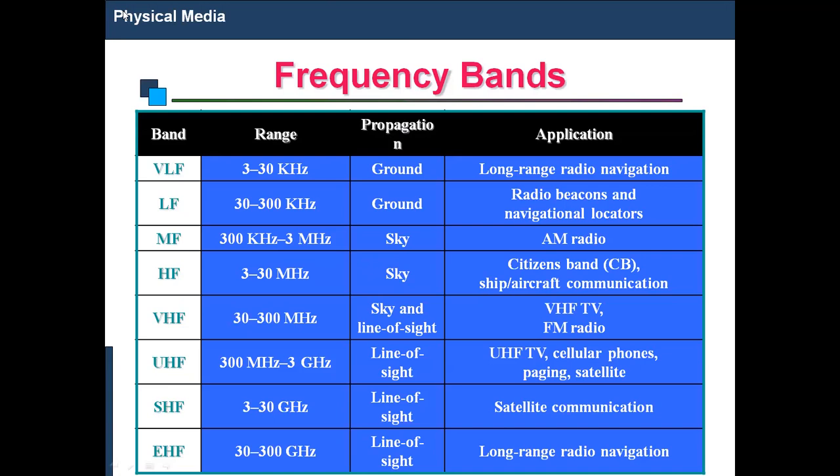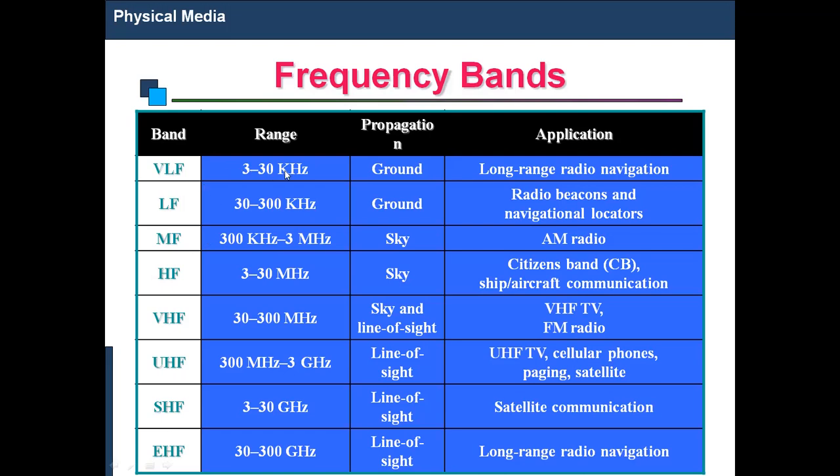Different types of bands are available: VLF, LF, MF, HF, VHF, UHF, SHF, EHF. That is very low frequency, low frequency, medium frequency, high frequency, very high frequency, ultra high frequency, super high frequency, and extremely high frequency. Based upon this, you have to discuss the range.